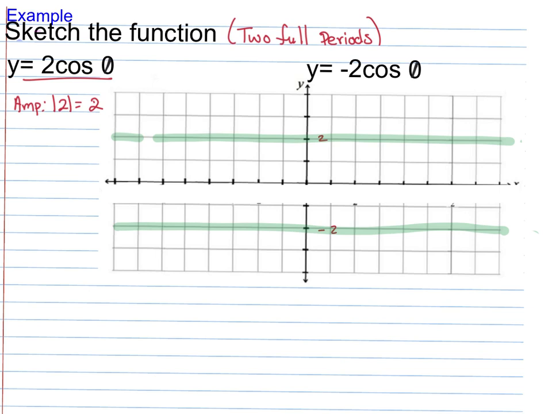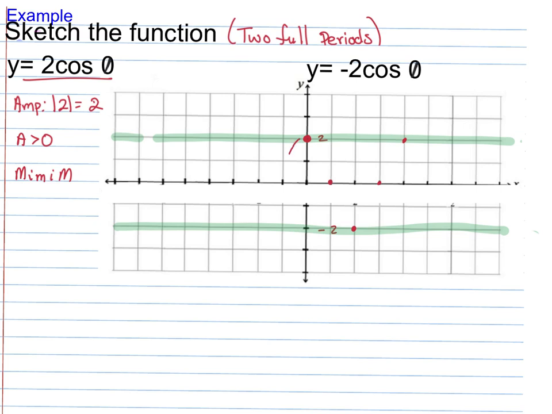Since my A was greater than 0, that means it was positive, so I'm going to start at a max, intercept, min, intercept, max. So I'm going to start here. Cosine starts at a max, then intercept, minimum, intercept, maximum.